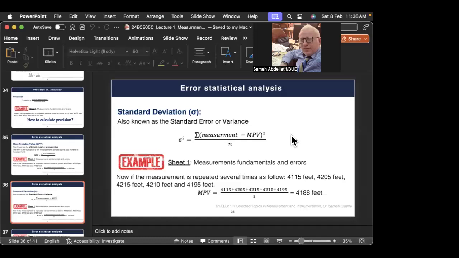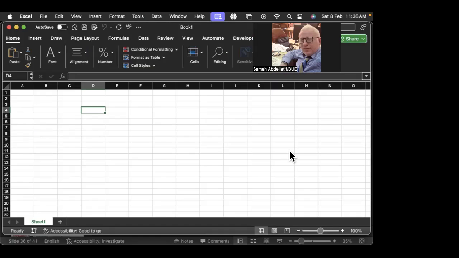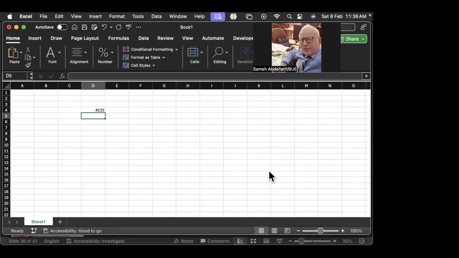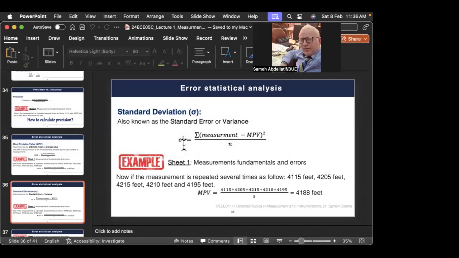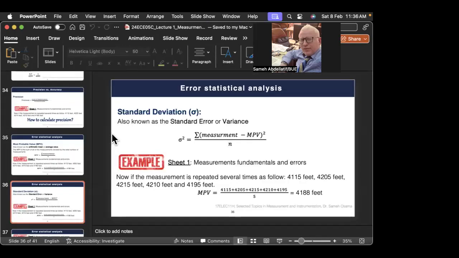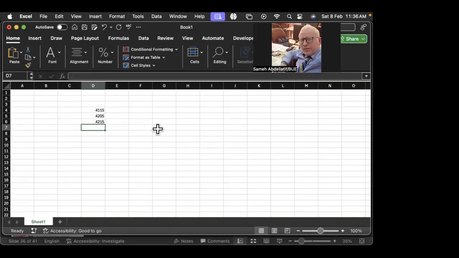So we have 4115. This is the first reading. The second reading is 4205. The third reading is 4215. The fourth reading is 4210.